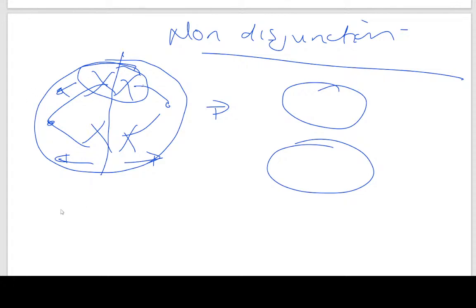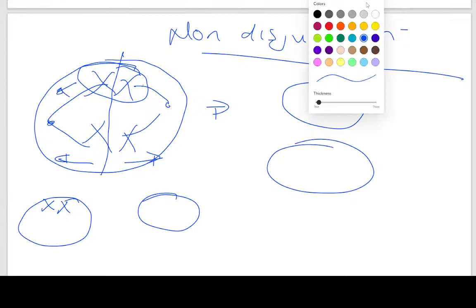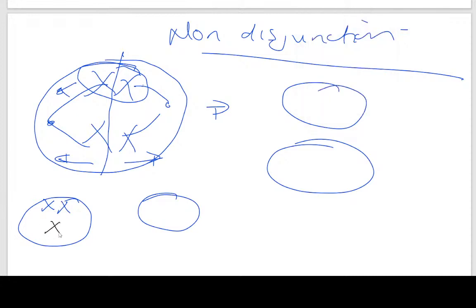Let me draw it here so that you see it clearly. So this cell, all of it has moved to this side, so I'm going to have 1, 2, plus this one, which is 3.